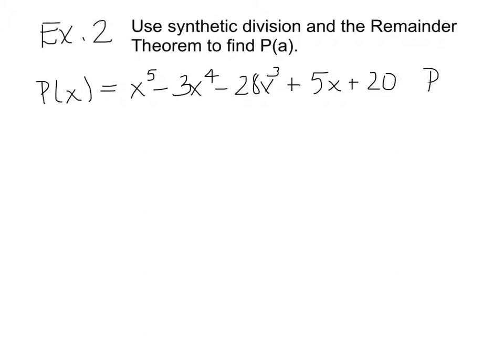And we want P of -4. All right, always check to make sure all your terms are there. We're missing 0x squared. So my coefficients are 1, -3, -28, 0, 5, and 20.